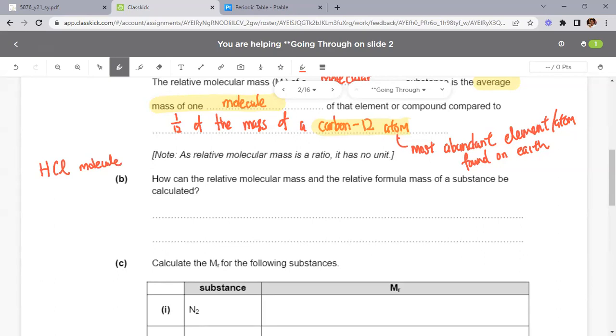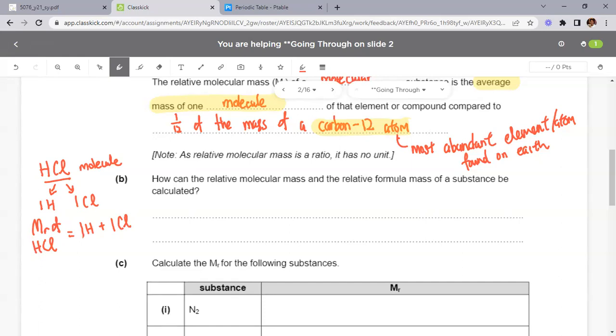So HCl is made out of one H and one Cl. To find the Mr of HCl, I'm going to take the relative atomic mass of one H and the relative atomic mass of one Cl and add them up.